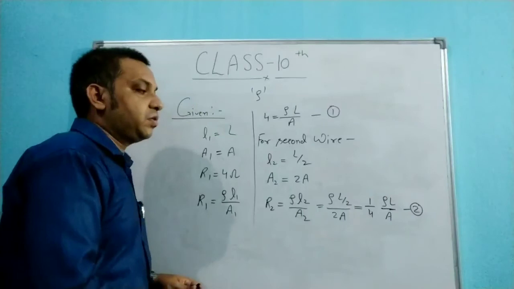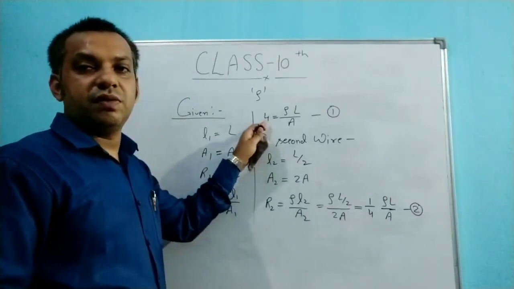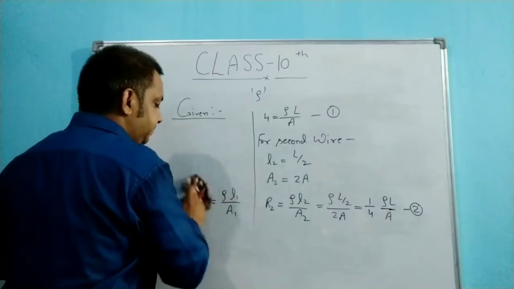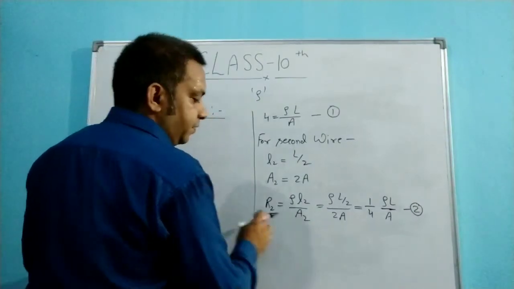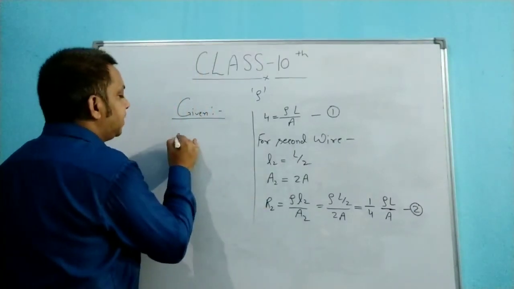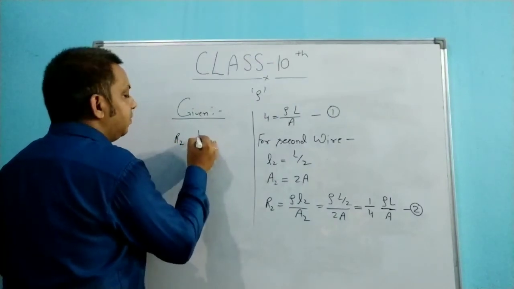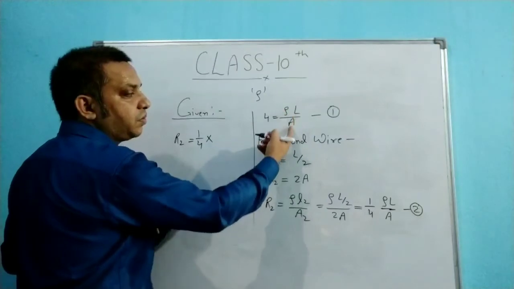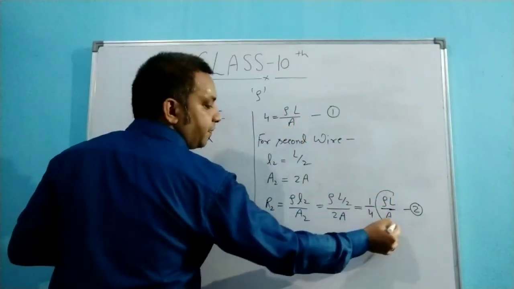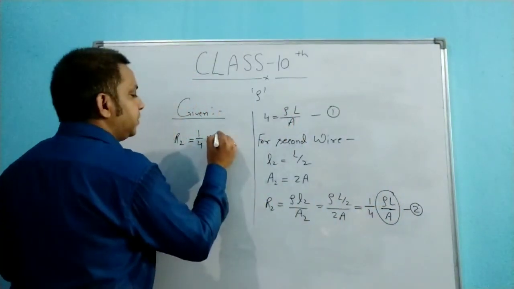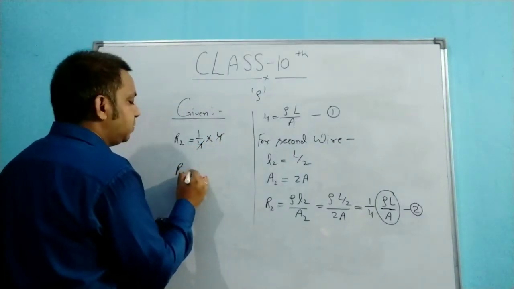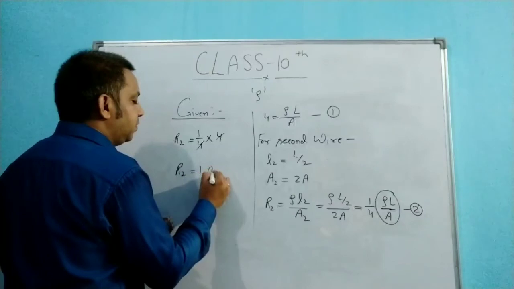So in place of rho L by A, we will put the value from equation number 1. So we get R2 is equal to 1 by 4, and in place of rho L by A, we can write 4. So 4 and 4 get cancelled out. You will get R2 is equal to 1 ohm.